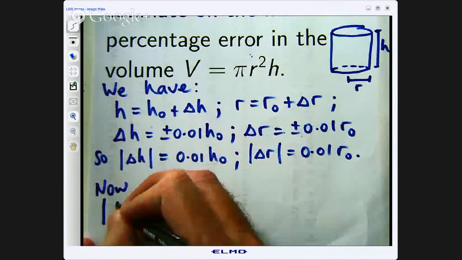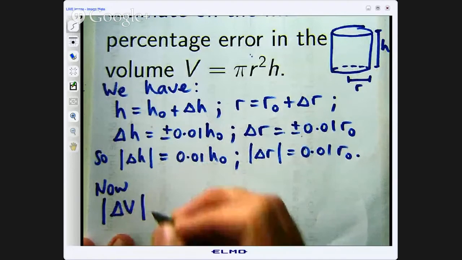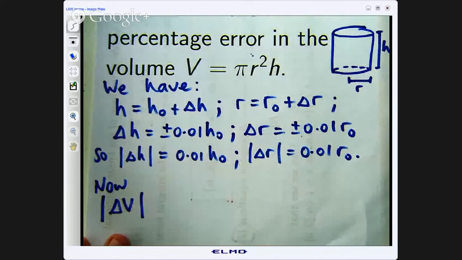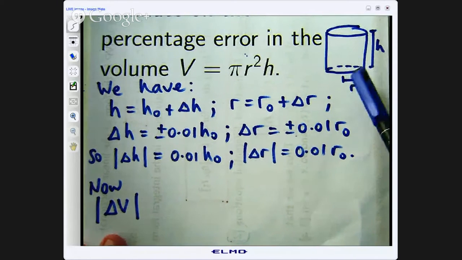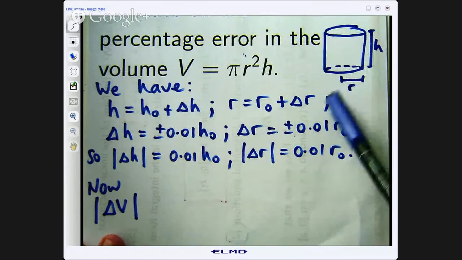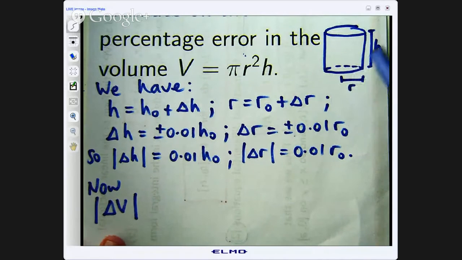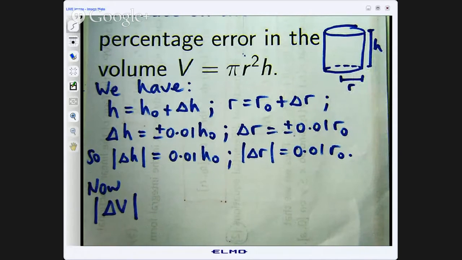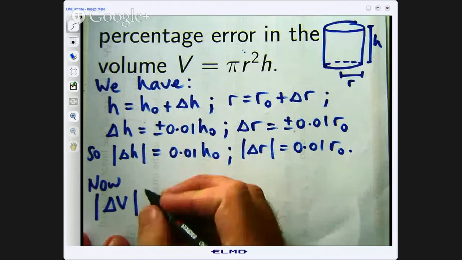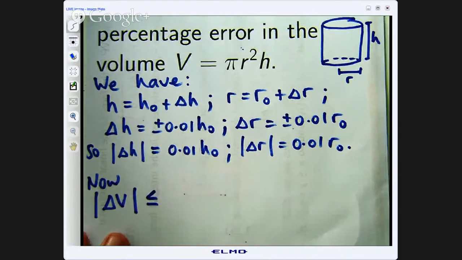If delta V is the error in the computed value of V, so delta V is like the volume with these true dimensions minus the value at our measured R naught and H naught, then this is less than or equal to the following.